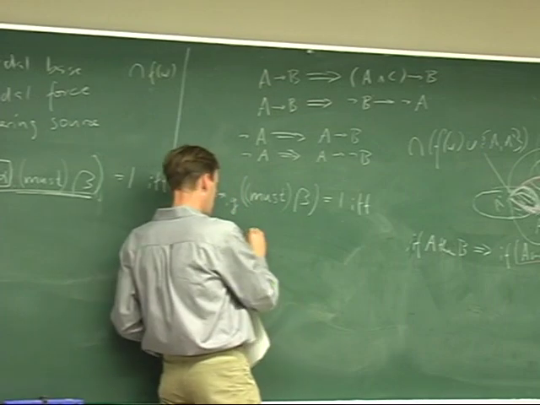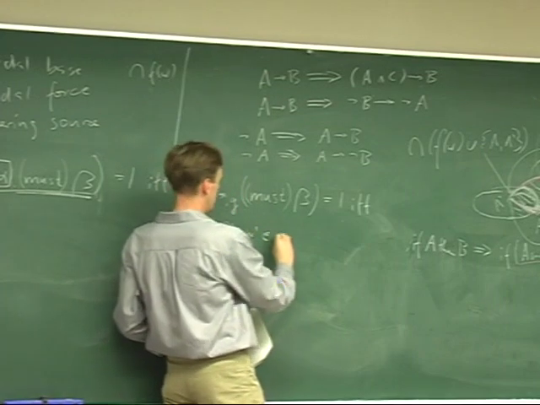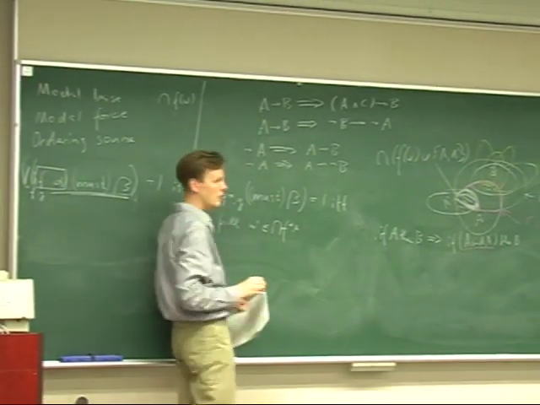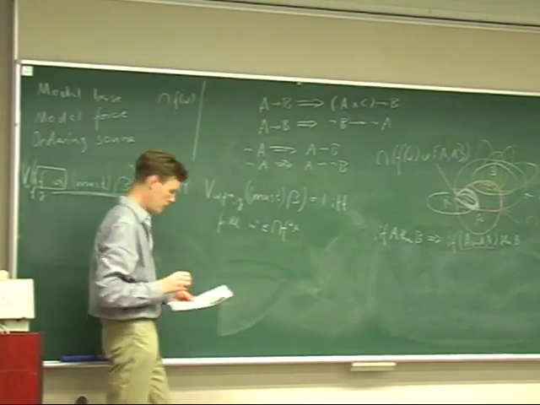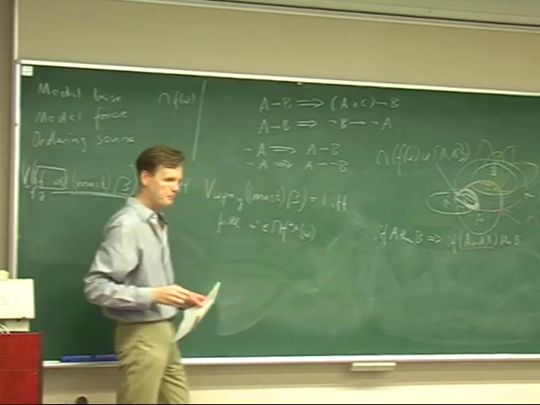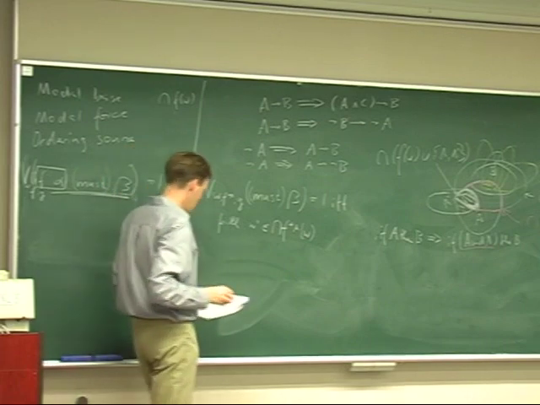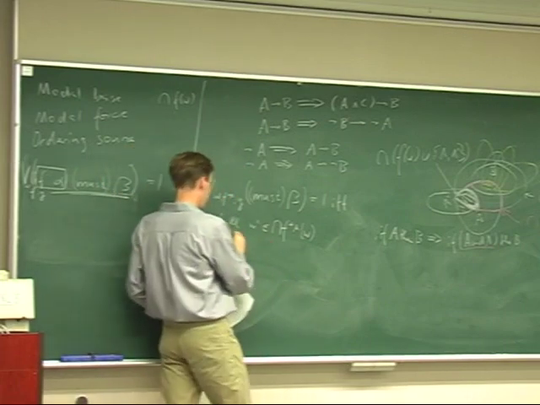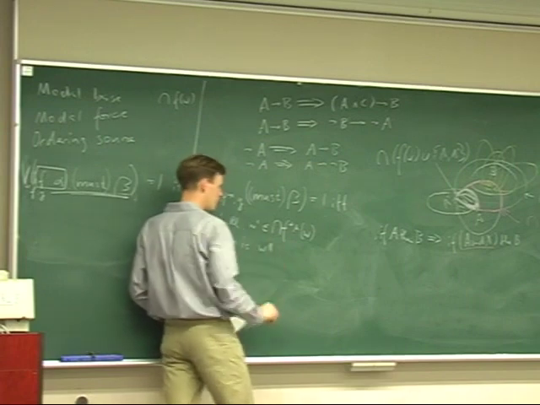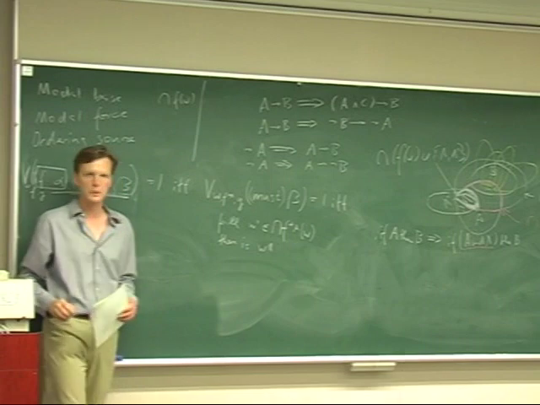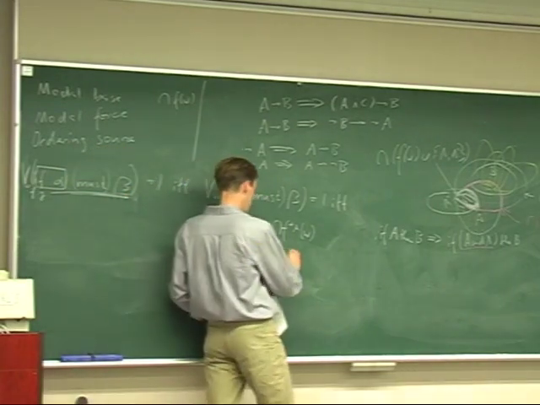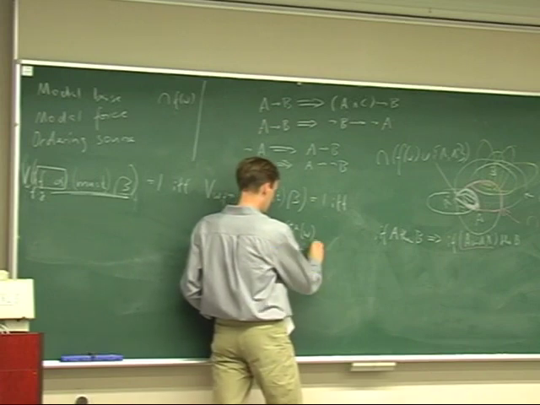For all W prime in this now, F plus A of W. There is a, I need a different variable already. I have the same W prime again. I need this, of course, because it's a different world, right? There's a W double prime also in this modified modal base.